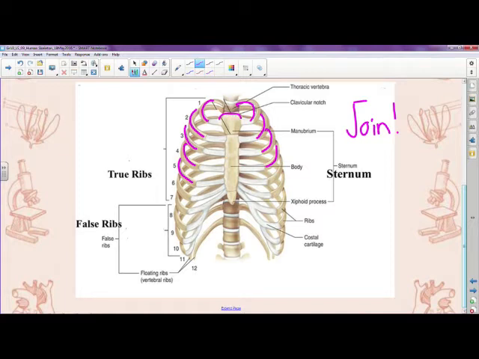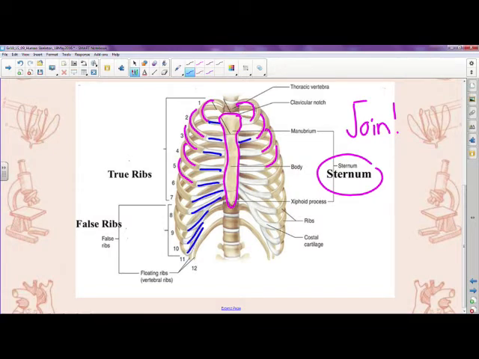And what we have right in the front here is this bone called the sternum. You cannot call it your chest bone, it is your sternum. And that sternum provides support for your ribs to attach. Now, if you have a look here, you're going to see these white parts over here.